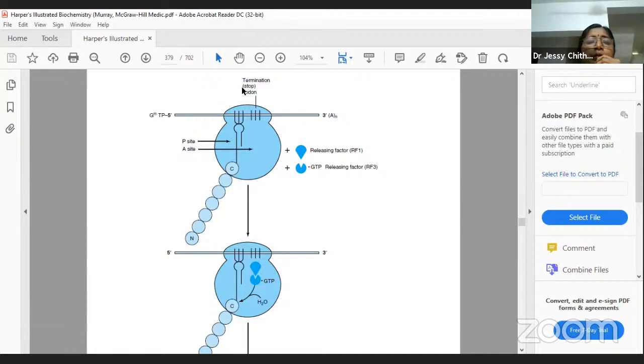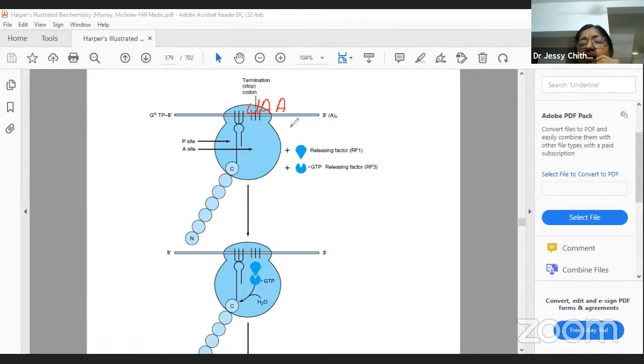UAA, UAG, and UGA. So what happens when a stop codon, let's say UAA, comes at this region? There is no amino acyl tRNA to recognize this site.